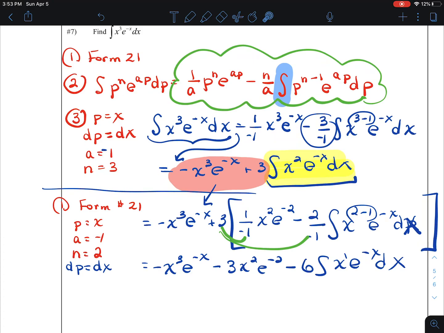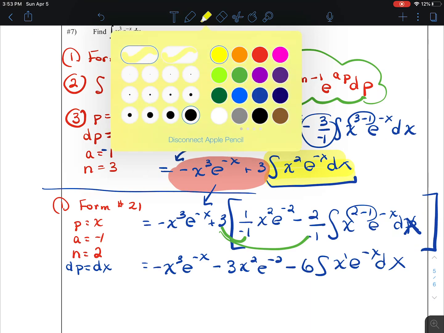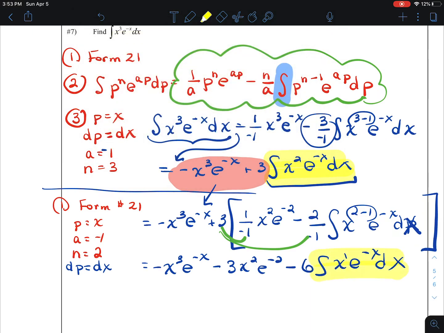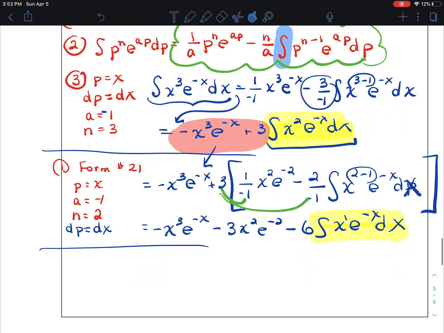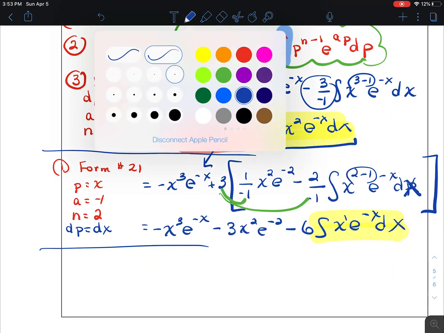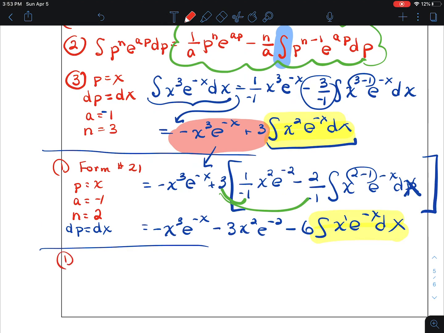As we look at this, we still have an integration symbol here, and that's not easy enough for us to integrate on our own just yet. So we're going to do this one more time. We're going to apply formula 21, with these same substitutions. The difference now is that the n, the exponent on your x here, is a 1.